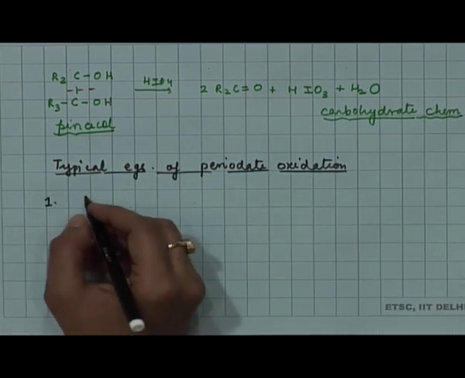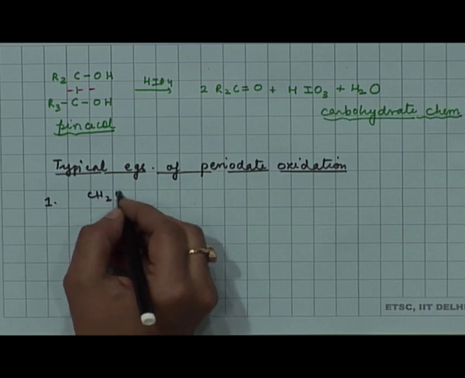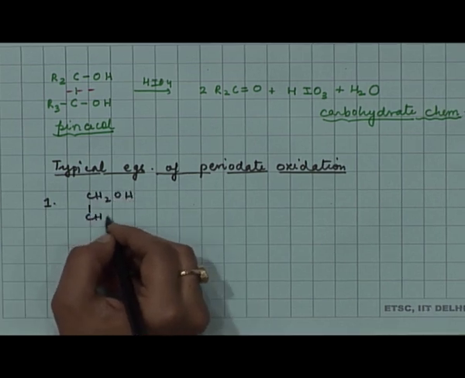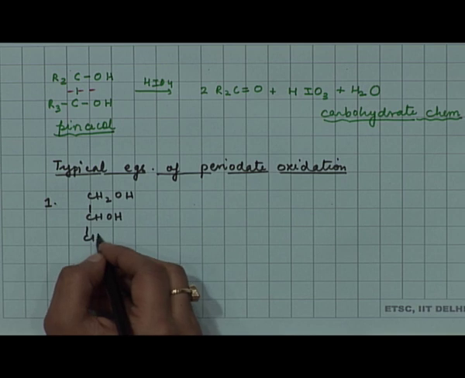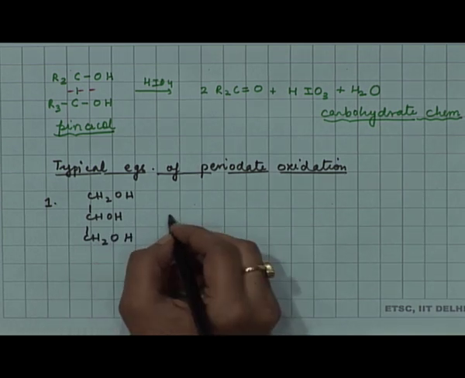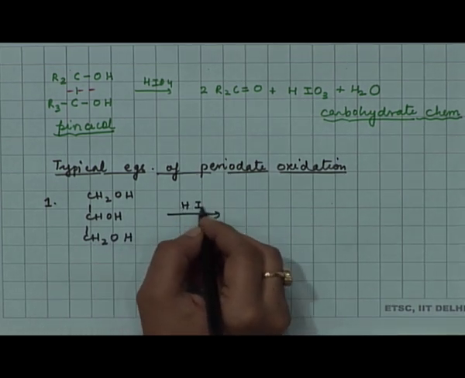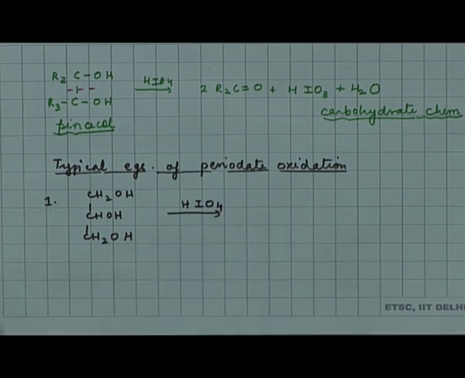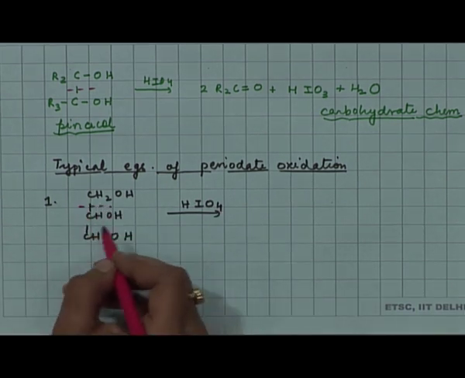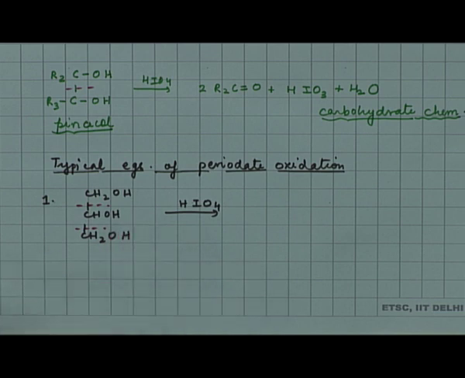Okay, so we will do this together. This is your starting substrate. You subject it to HIO4 oxidation. What do we expect? There is one fission possible here, another possible here.